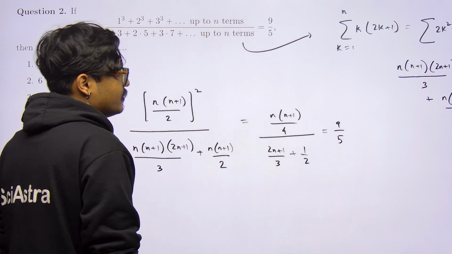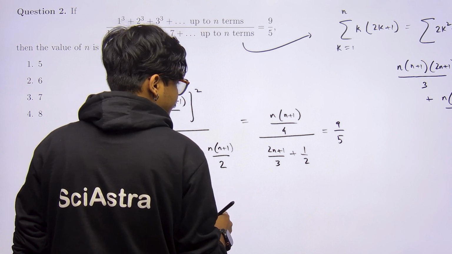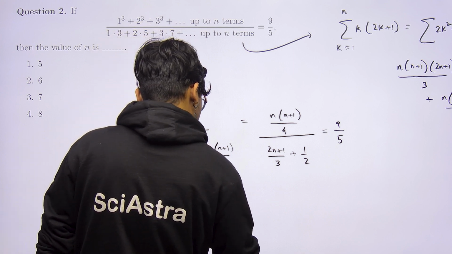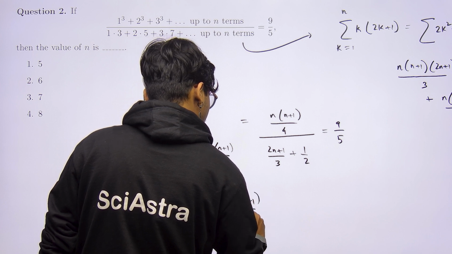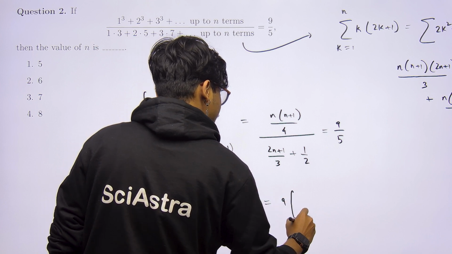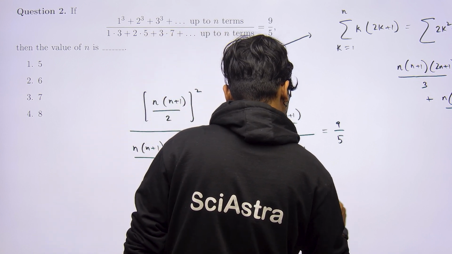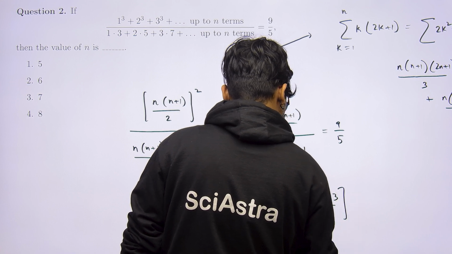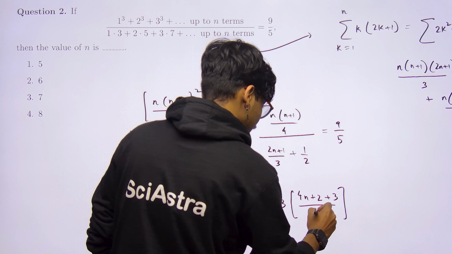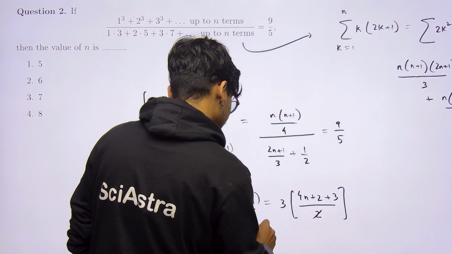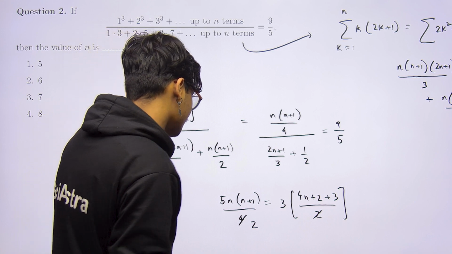Now we just have to cross multiply and simplify this expression, okay? So if I cross multiply and simplify this, what will I get? I'll get 5n(n+1)/4 equal to 9 times (4n+2+3)/6. So this becomes 3, this will become 2. So you'll end up with something like 5n².